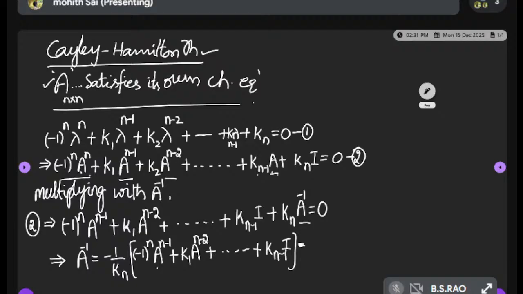Note 2: the powers of the matrix can be obtained by using Cayley-Hamilton theorem very easily.